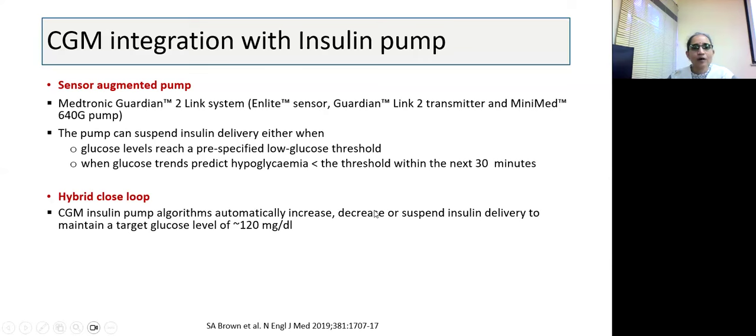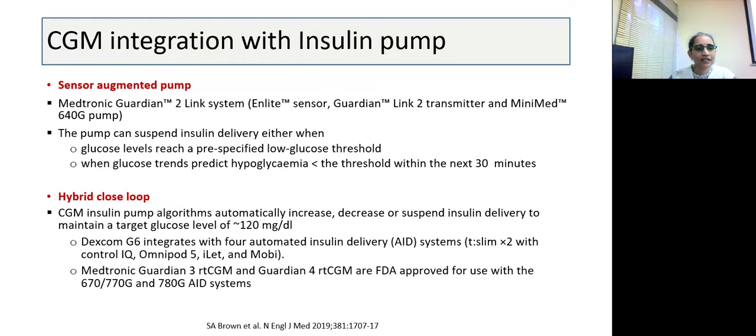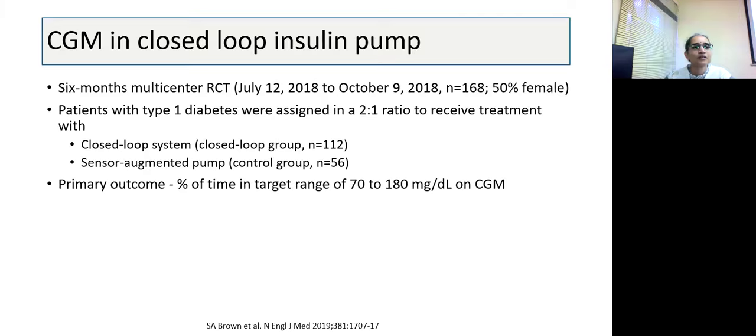The hybrid closed loop algorithms automatically increase, decrease, or suspend insulin delivery to maintain a glucose level of about 120. What is available in our country is the Medtronic 670 system, which is an automated insulin delivery closed loop system that is available in India.